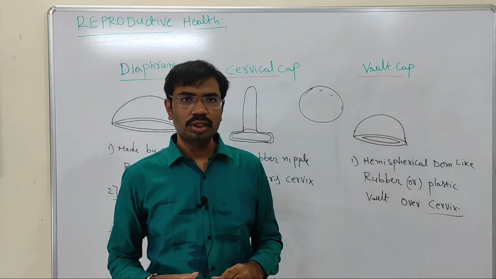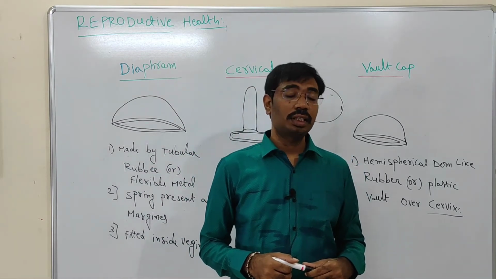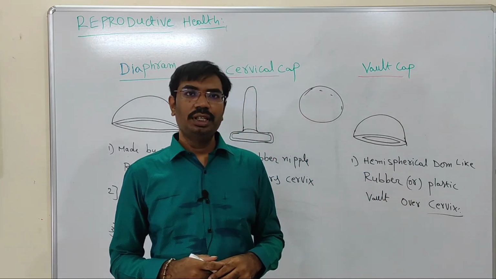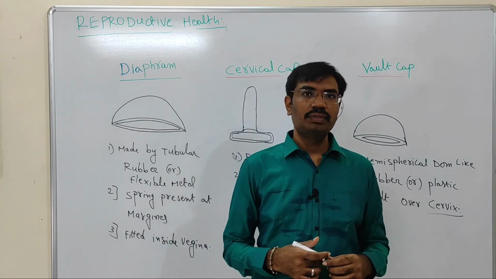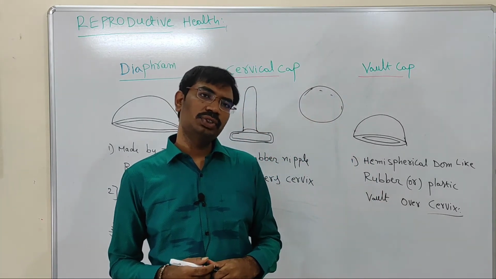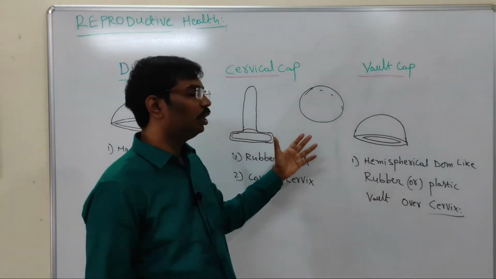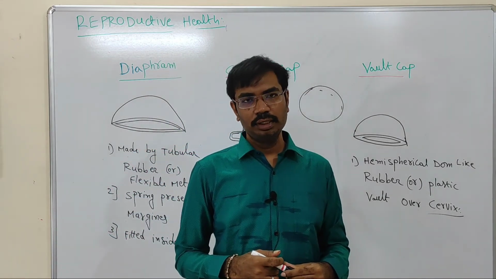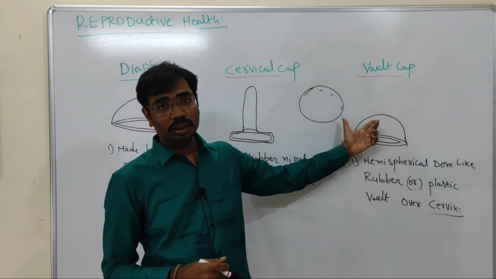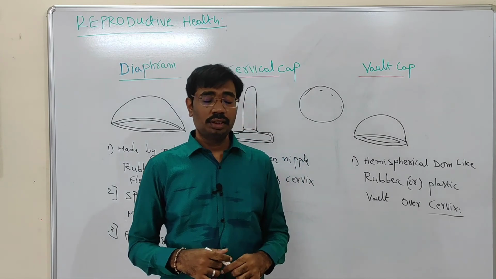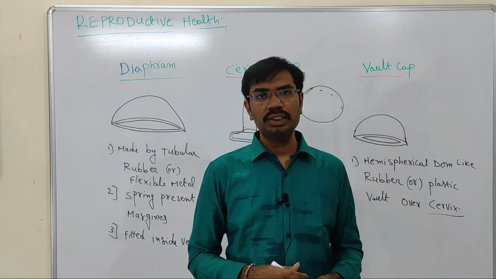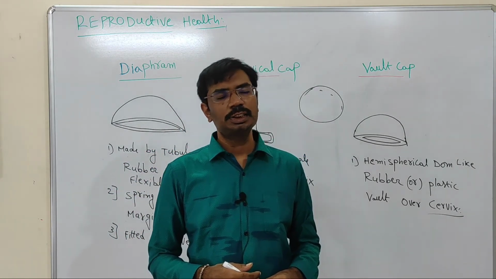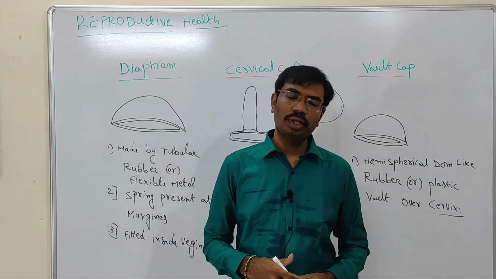In previous classes we discussed chemical contraceptive methods, like foam, jelly, or Nirodh and Saheli. If anyone uses these chemicals along with the barrier method, it increases contraceptive efficiency and the failure rate is very low, because the spermicides can kill the sperms and at the same time the barriers prevent fertilization and pregnancy. The chemicals also prevent the entry of sperms, or kill them. So this is about the different barriers utilized in females.